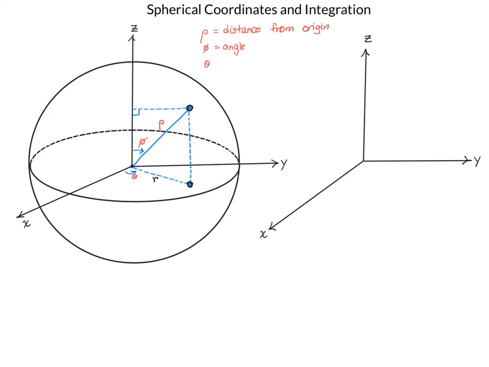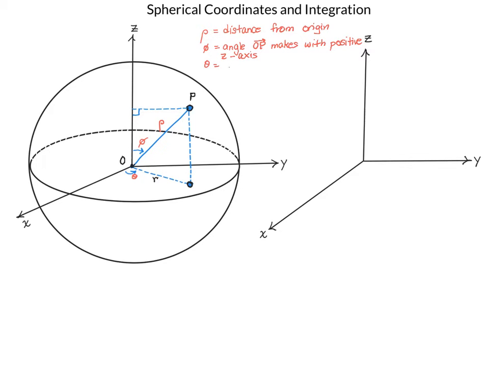Let's say that the origin, we'll give it the letter O, and our point, we'll call it P. So phi is the angle that vector OP makes with the positive z-axis.